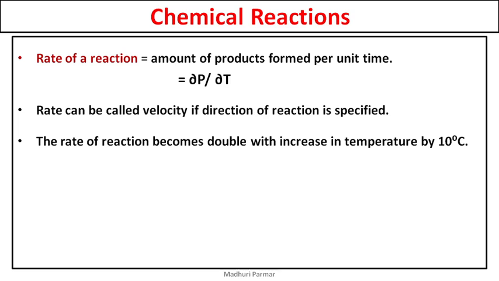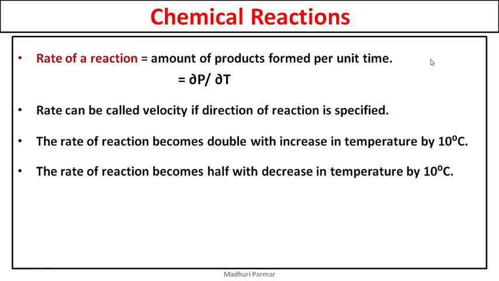So the reaction rate doubles with an increase in temperature by 10 degrees. Of course, there is a range. This will not keep on happening forever. Only from 20 degrees to 40 degrees, when there is a rise in temperature by 10 degrees, you will find this sort of relation. Okay, the rate of reaction becomes half with a decrease in temperature by 10 degrees.